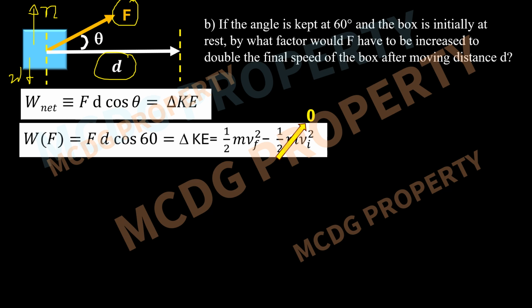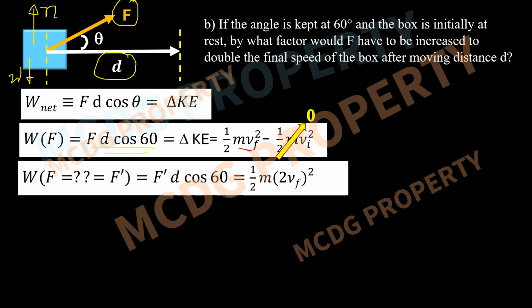So you can see here that the work done by the original force F is related to the final speed via this equation: Fd cosine 60 is equal to 1/2 m vf squared. Now we know that the work done by the force is related to the speed via the work kinetic energy theorem.